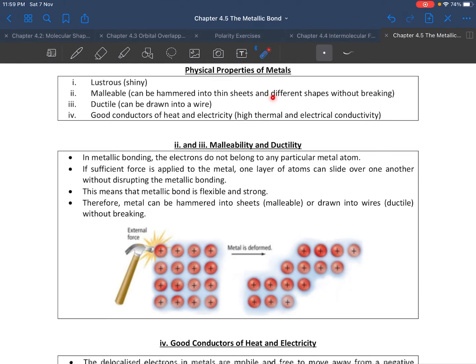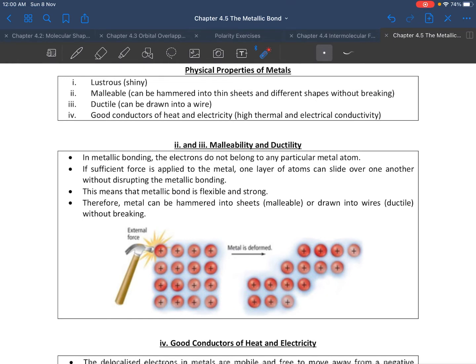Dia akan jadi makin nipis. And then another properties of metal adalah ductile, that means can be drawn into wire. And then lastly, metals are also good conductor of heat and electricity. That means dia boleh conduct heat dan boleh conduct elektrik.